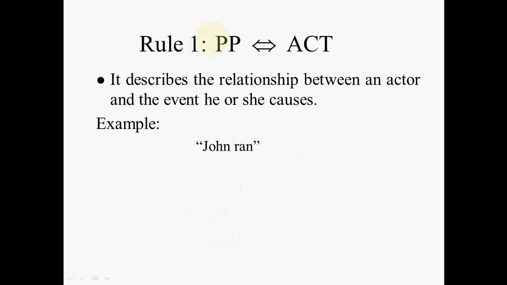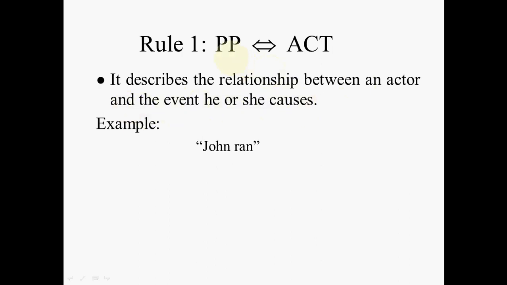The first rule is of this type: PP, bidirectional arrow, ACT, where PP is the picture producer or the object, and ACT is the action. So it describes the relationship between an actor and the event he or she causes.